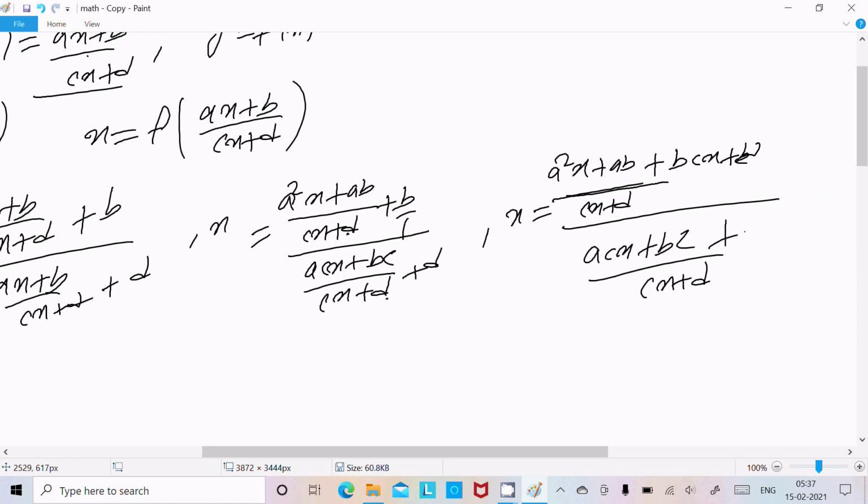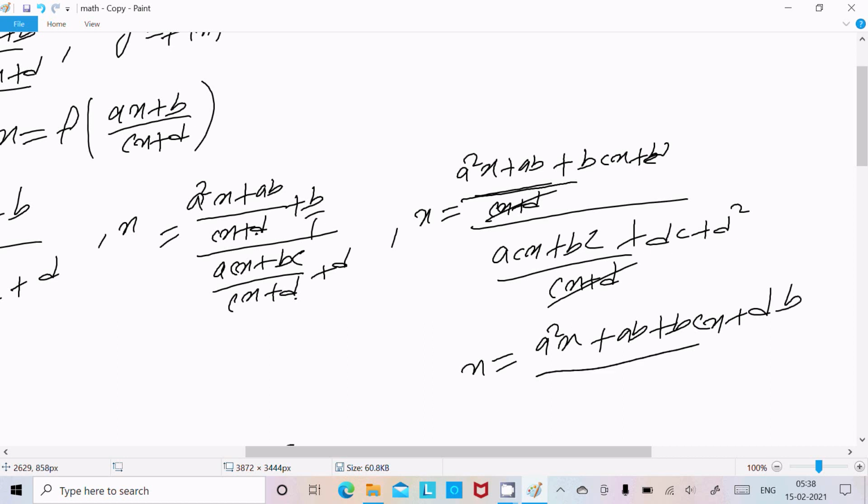So here it becomes dcx and d², the (cx + d) cancels, and hereafter the value comes a²x + ab + bcx + bd over acx + bc + dcx + d². Don't make any mistake, d multiplied with this gives d².